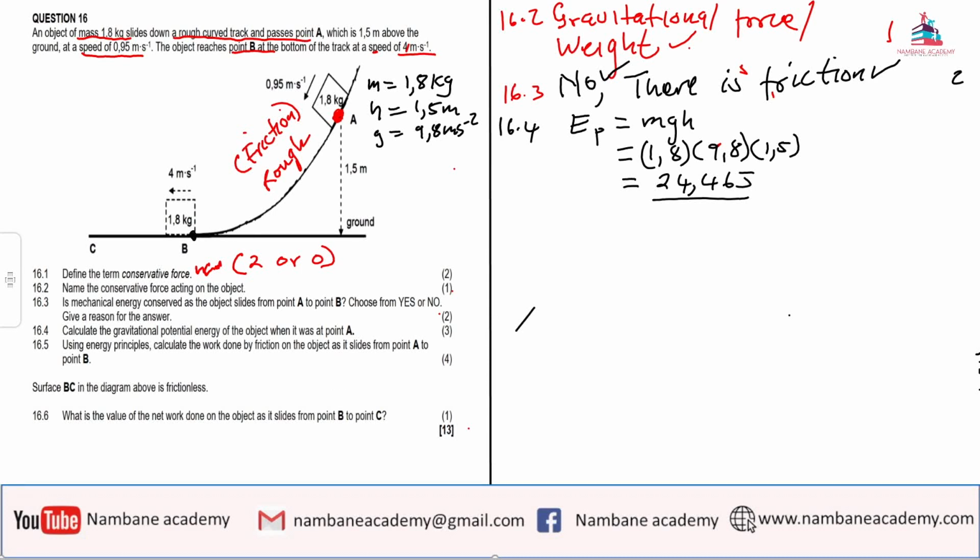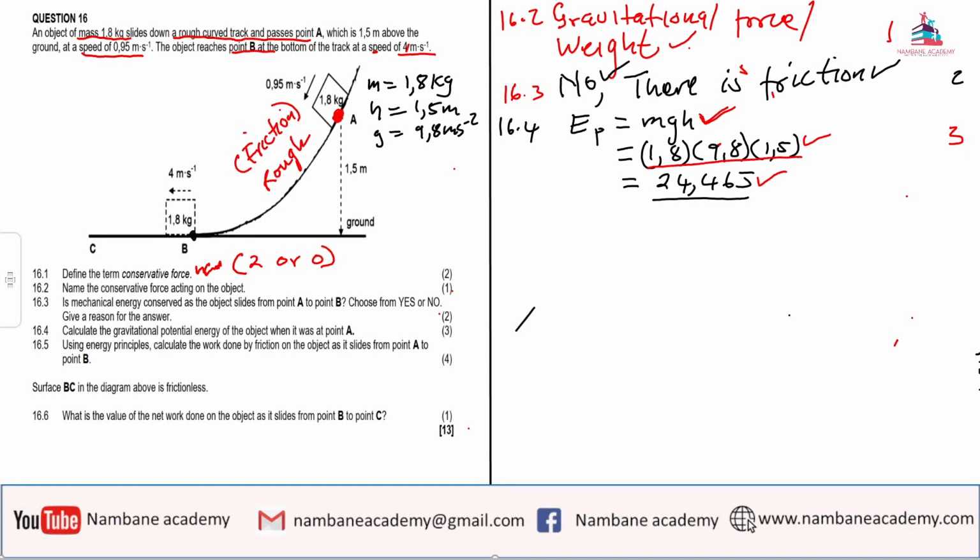But remember, we only get the mark for the formula provided we attempted to do a substitution. You only get the mark for the final answer provided you have the correct SI unit. That will give us the 3 marks.